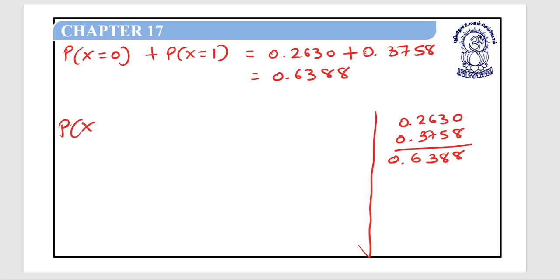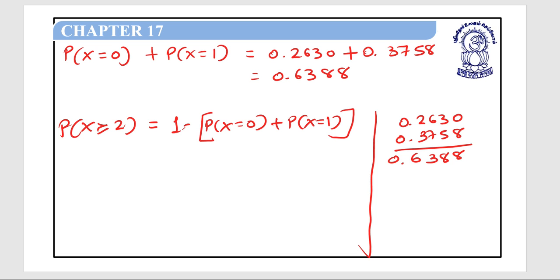Now probability of x greater than or equal to 2 is 1 minus the probability of x is equal to 0 plus probability of x is equal to 1.